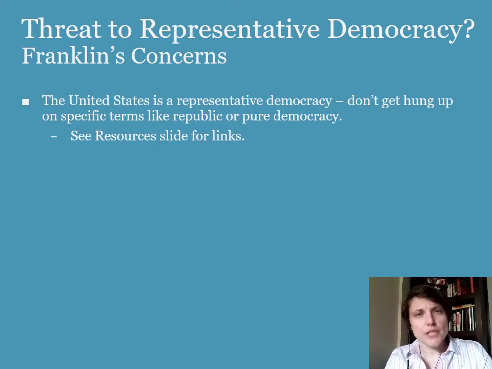It's important to understand that words like democracy and republic have slightly different meanings now than they did when the Constitution was written and ratified. On the resources slide, I've included a link to an Atlantic article that does a pretty good job of explaining and defining those terms and how the founders intentionally created a representative democracy regardless of what we call it today.